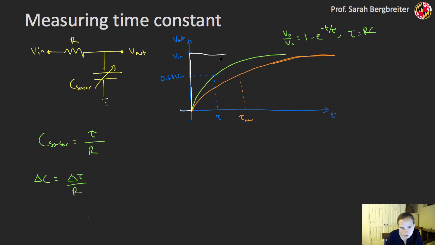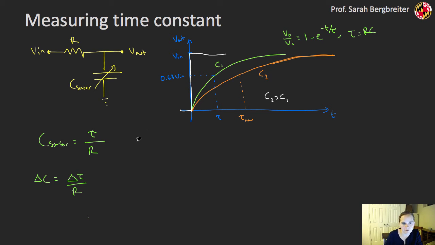So as hopefully is also obvious, if I have some initial capacitance here and some new capacitance right here, this capacitance is larger, assuming my resistance doesn't change. So C2 in this case is greater than C1 because tau 2 is greater than tau 1.